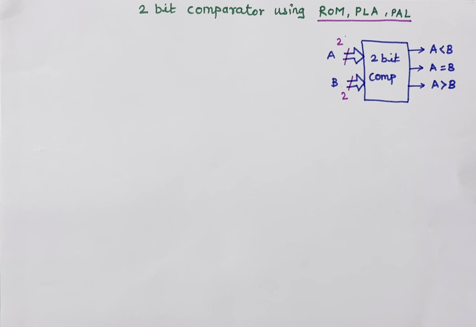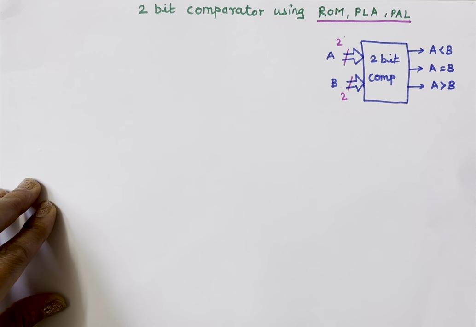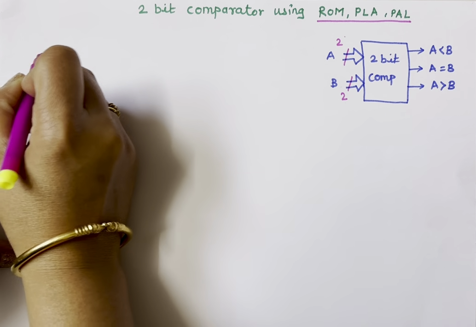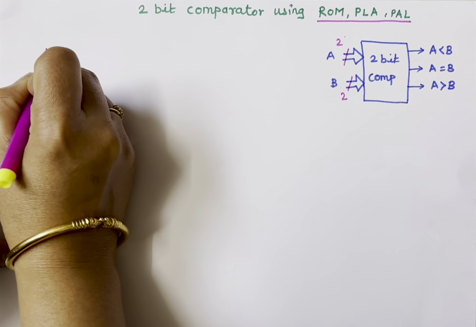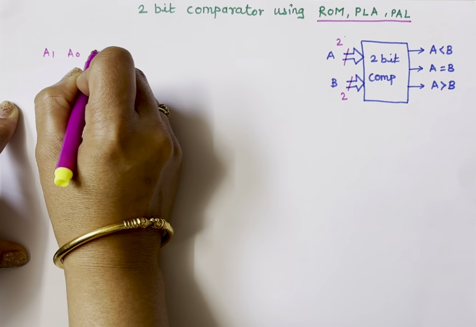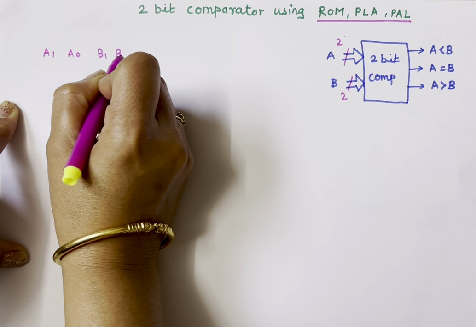So let's start with the truth table. Inputs are 2, A and B. A is 2 bits, so A will have A1 and A0, and B will also have B1 and B0.